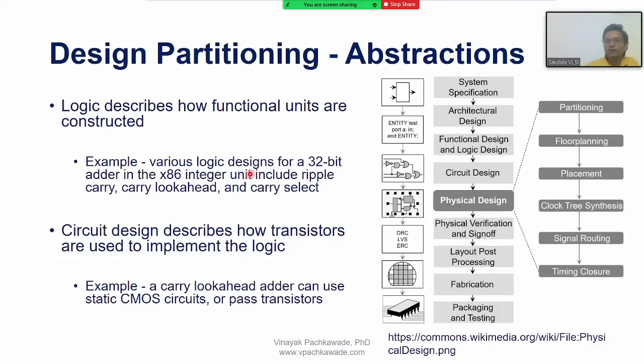For example, each processor will have arithmetic logic units, and each ALU will have sub-circuits or logic gates to implement addition, subtraction, multiplication, division, all these operations, ANDing, ORing. That's why the name is arithmetic logic unit.